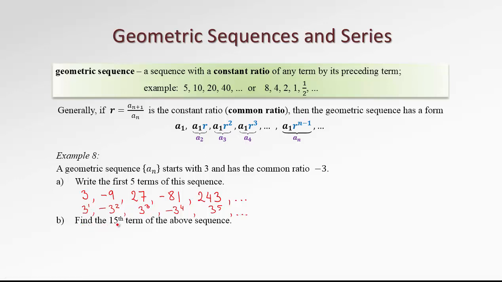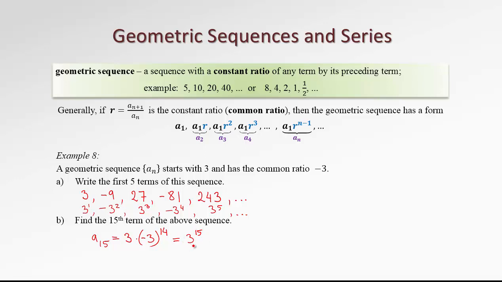How can we find the 15th term? Well, let's write it down, a15, and we are going to follow this formula, right? a15 is a1 times r to the 15 minus 1, so it's 14. Okay, a1 is the same as 3, and r is -3, to the 14. Here we go. Negative to the even exponent is positive, and altogether we really have 3 to the 15, right?